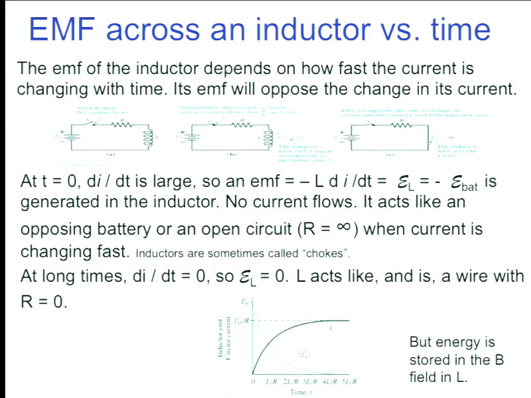So if there is no time variation, that's exactly what they'll do. No current will pass through this, and this will pass current freely. And in fact, you would say that I must be 0 because the resistance is infinite. And in this case, because the resistance is 0, the voltage must be 0 for steady current, steady voltage.